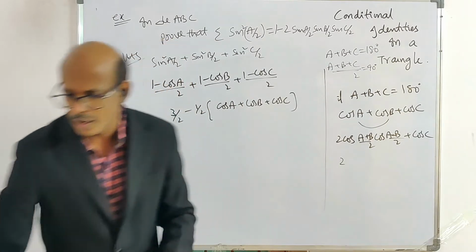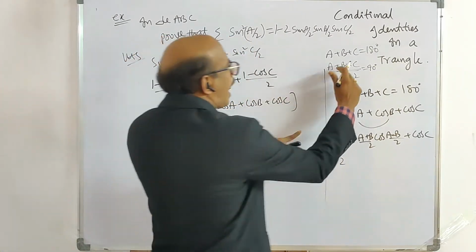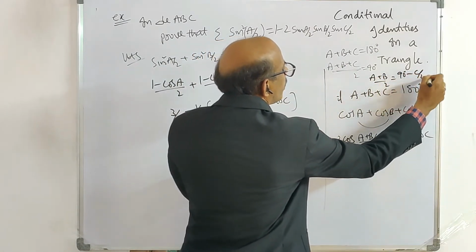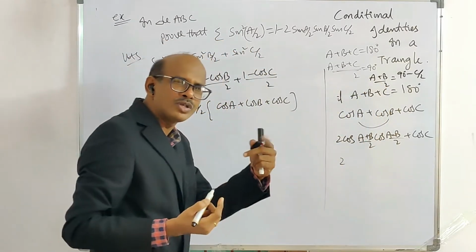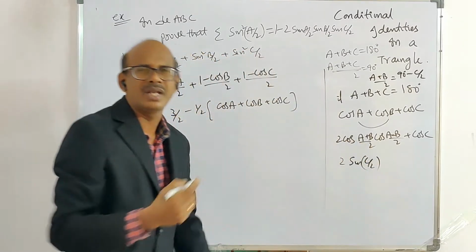I think that relation is helpful here. So (A plus B) by 2 is equal to 90 minus C by 2. If you apply cos on both sides, cos of (A plus B) by 2 with a right angle, cos of (90 minus theta) is sin theta. So it will be a complementary relation.